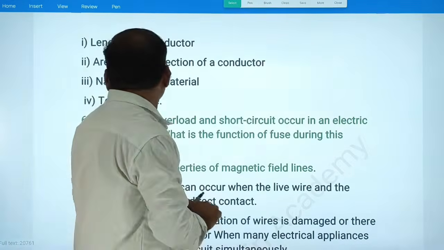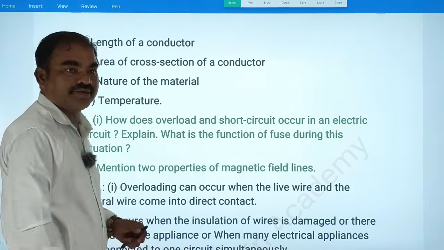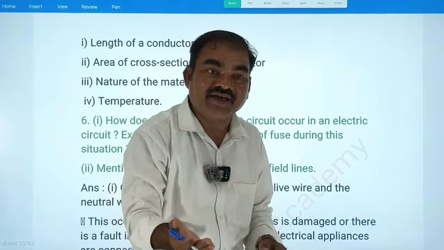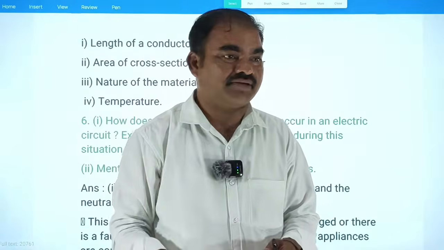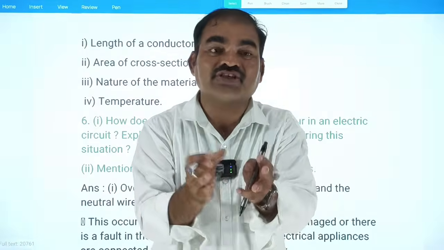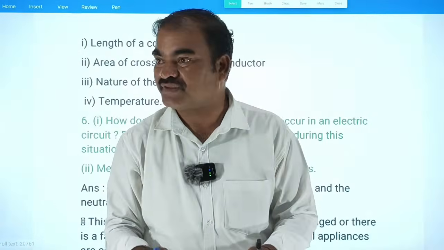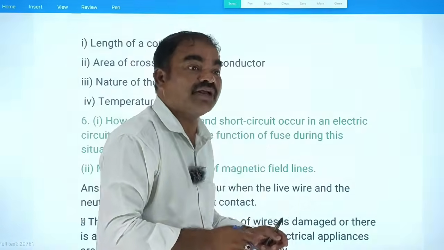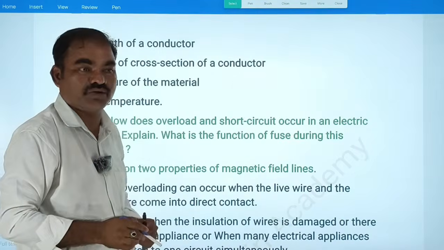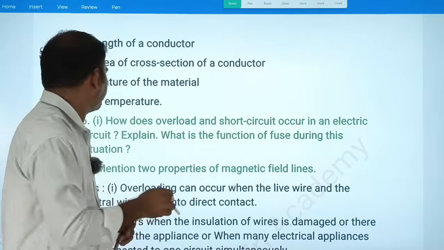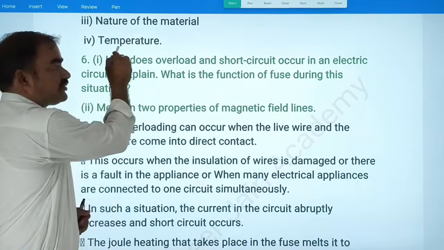And the nature of the material, whether it is a conductor or an insulator, depends on how atoms are attached to each other. That we call resistivity. Next one, temperature.